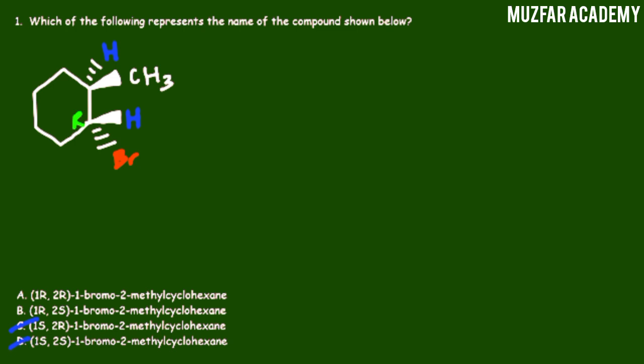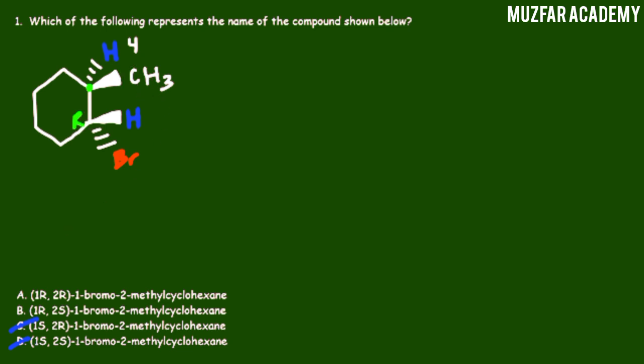Now let's move on to the other chiral center, carbon number 2. Now let's look at the 4 different groups connected to that chiral center. So we have a hydrogen, that's going to be group number 4, and we have 3 carbon atoms to compare.